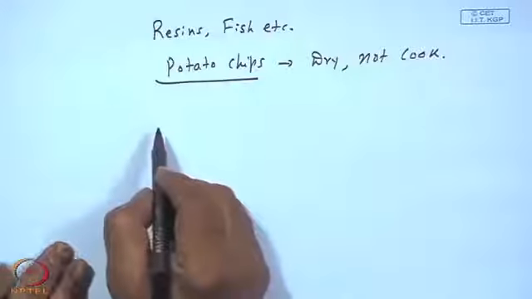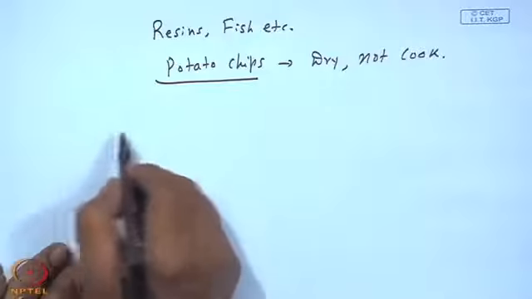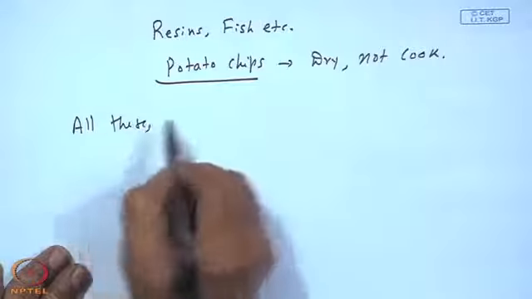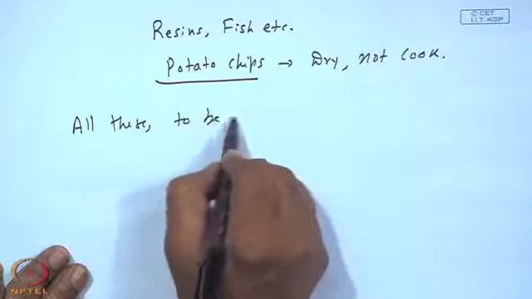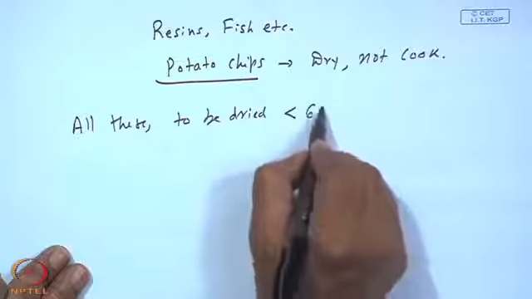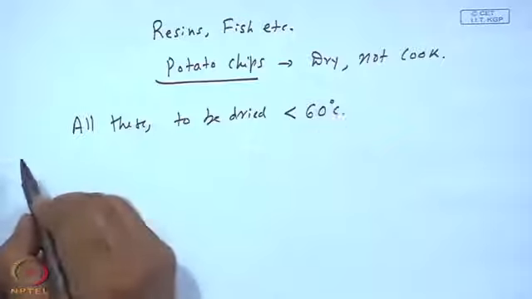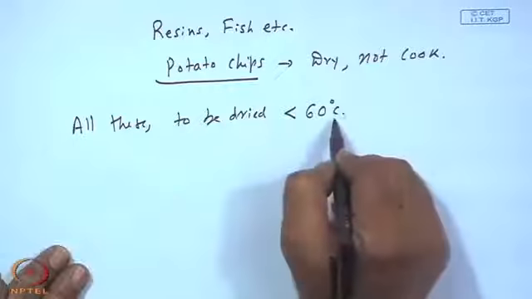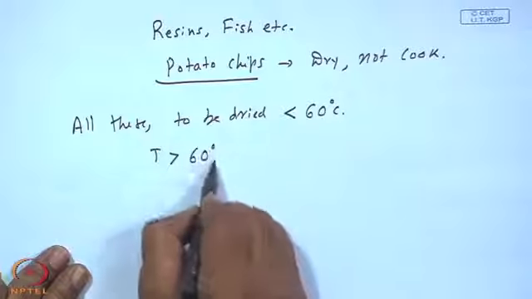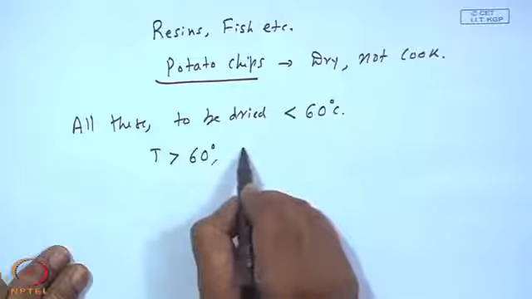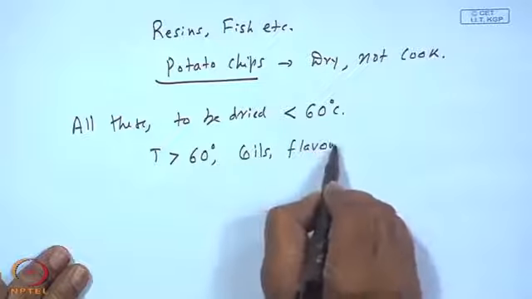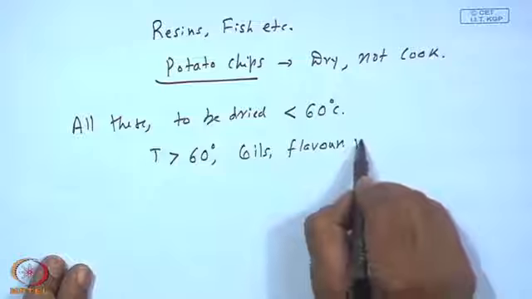Now, all these are to be dried at say less than 60 degrees C. The reason being, if the temperature is more than 60 degrees, oils and flavor contained in these things may be lost.